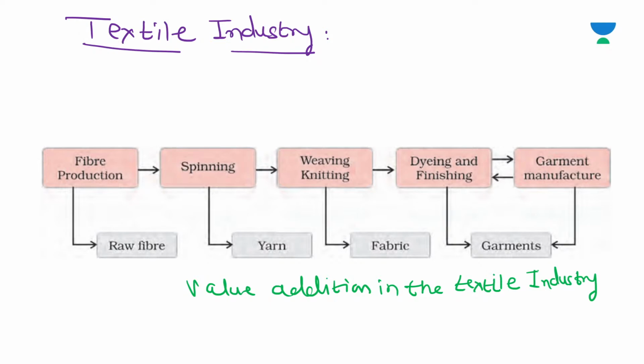Now, friends, the raw fiber as a fiber production, then yarn spinning, fabric weaving, knitting, garments where dyeing and finishing is a part of that, and the garment manufacturing.